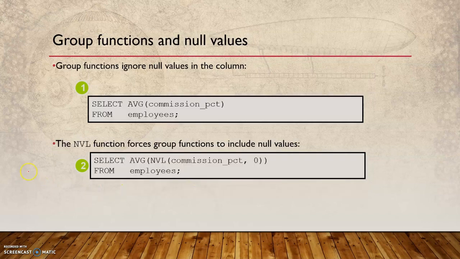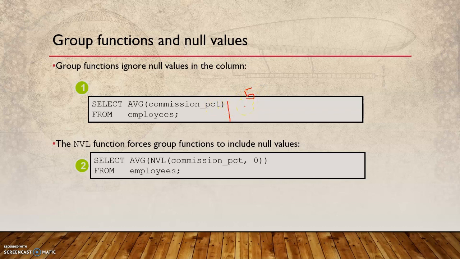And finally, the NVL function. This is where it gets interesting. When you select the average of commission, suppose only 5 employees have the commission. Wherever there is a value, it will take that and count it.